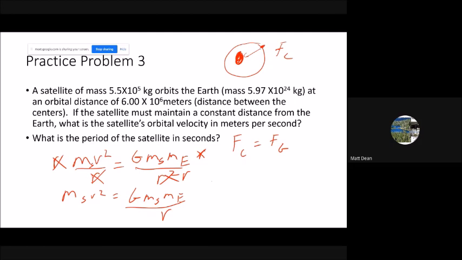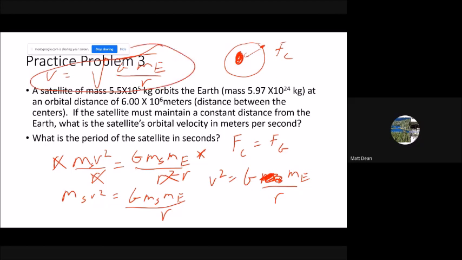And what I end up with is v squared equals G times the mass of Earth over r. And then to solve for velocity, I'm just going to take the square root of both sides. So v equals the square root of G times the mass of the Earth over r. So that's our equation.